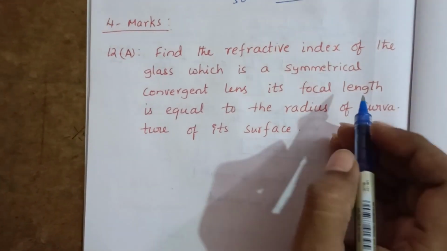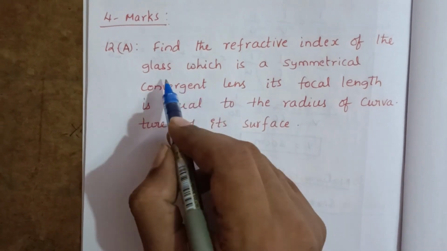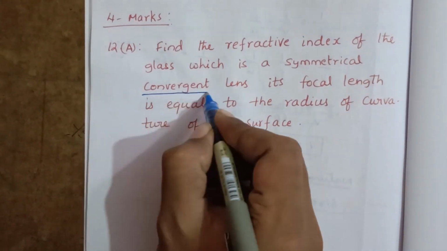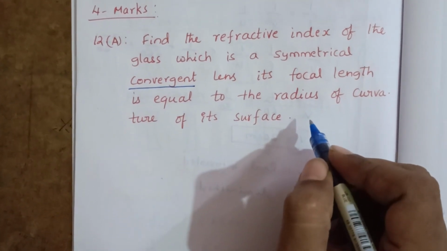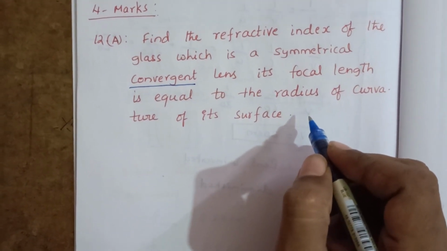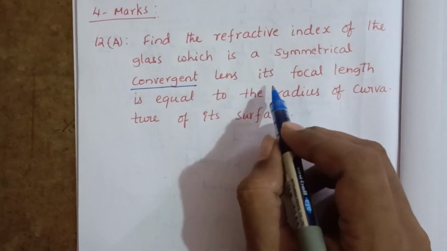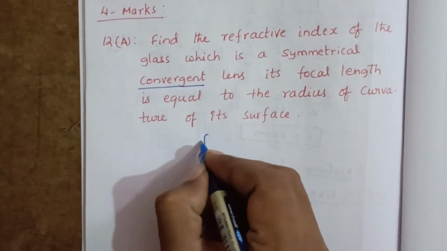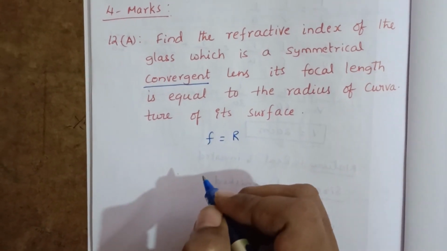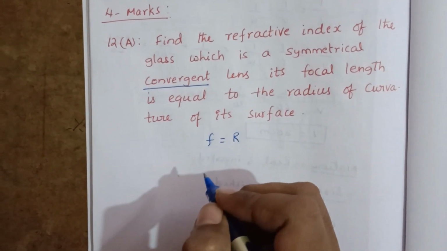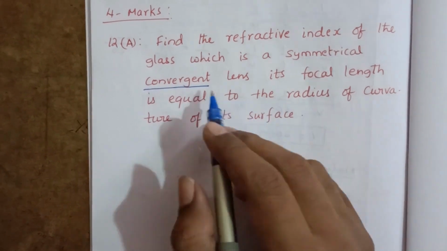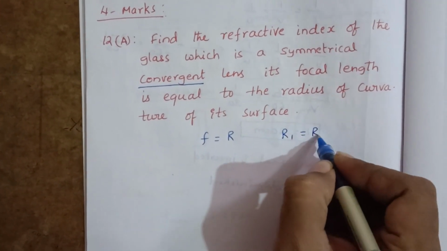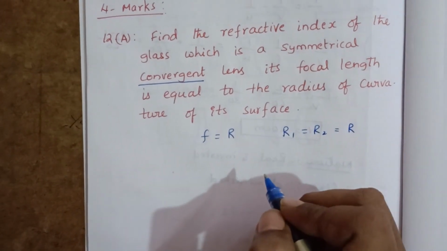Now find the refractive index of the glass which is a symmetrical convergent lens. I told you, convergent lens means convex lens. Its focal length is equal to the radius of curvature. Symmetrical is given, so R1 is equal to R2 equal to R, we can take.